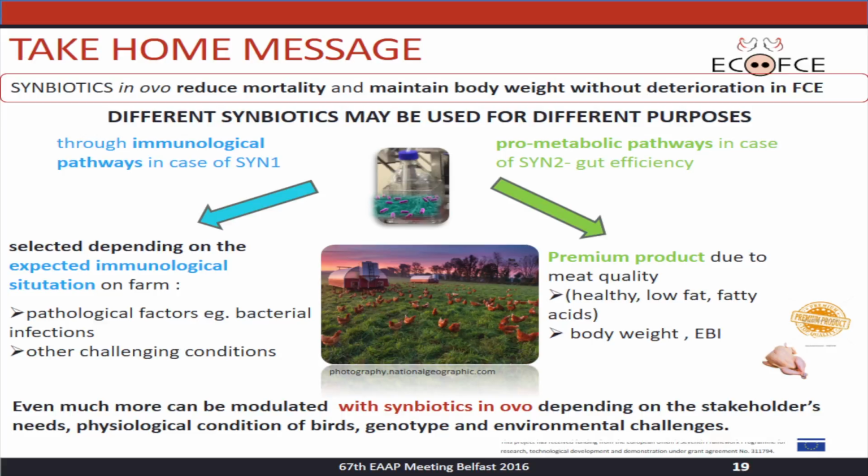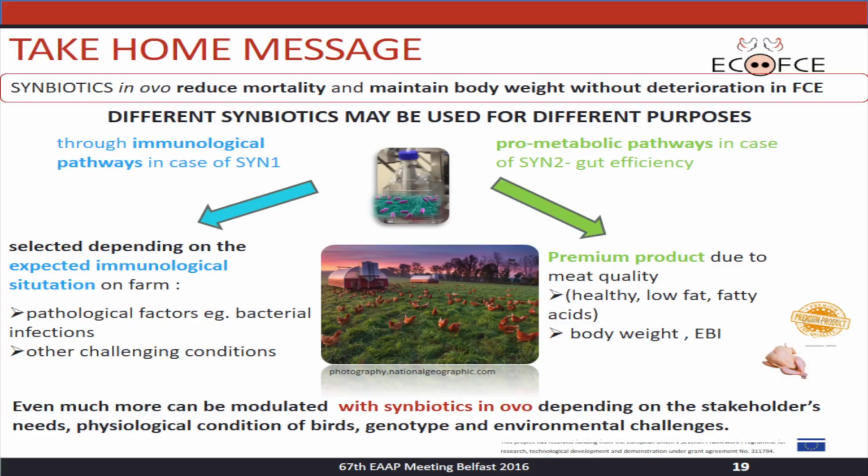And to sum up both our presentations, we concluded that the symbiotics in ovo reduced the mortality and maintained the body weight without deterioration of the FCR. And actually the two symbiotics which we used in this project might be applied in production, at the farm level, as was already mentioned by Kasia, in different conditions.